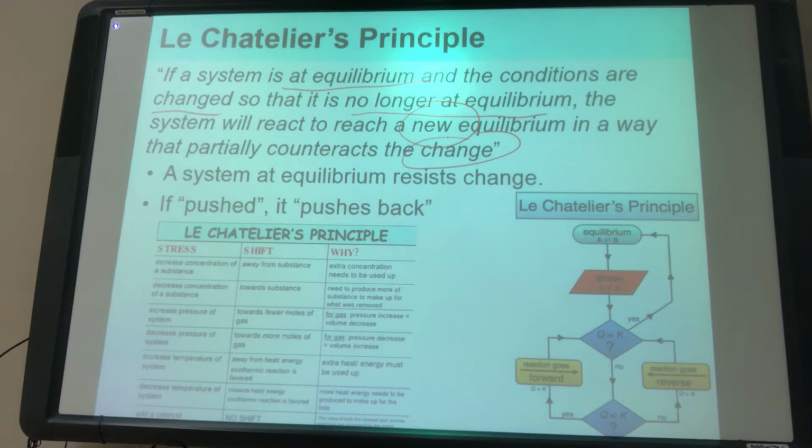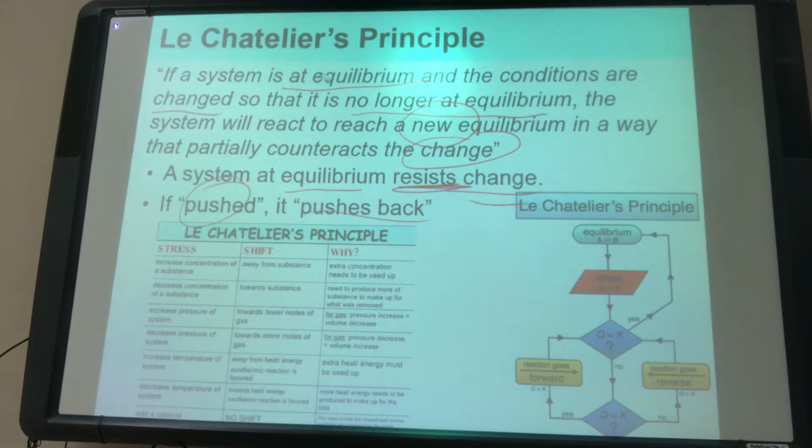So it's at equilibrium, I do something, and now it has to shift to readjust. A system that's at equilibrium doesn't want to change, so it's going to resist this change.